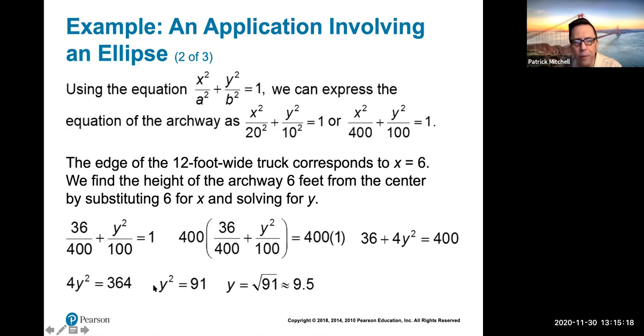Dividing both sides by 4, we get y squared equals 91, which means when x equals 6, y is the square root of 91, which is approximately 9.5. So that means at the side of the truck, the archway is 9.5 feet above the ground, right?